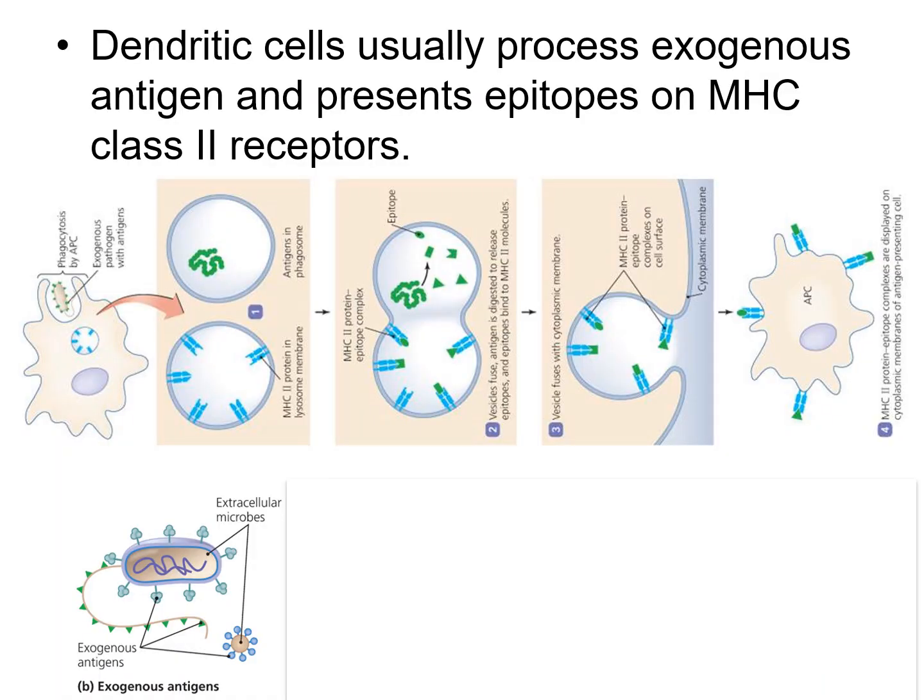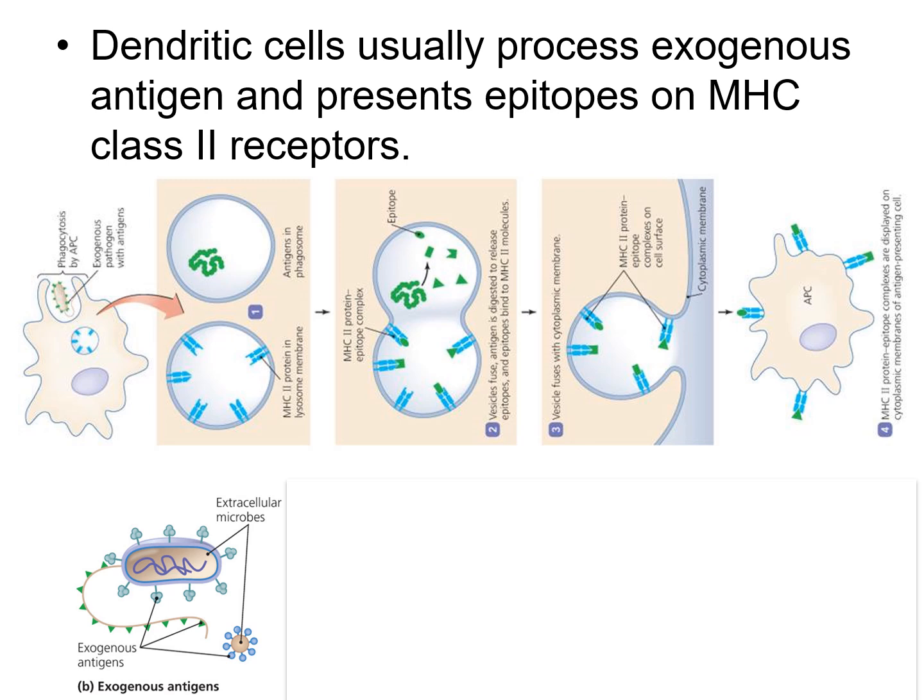So dendritic cells usually process the exogenous antigens and present epitopes on MHC class 2. So how does that work? So let's look at the picture. I know it's sideways, but you can still see the macrophage to the far left devouring this bacteria.